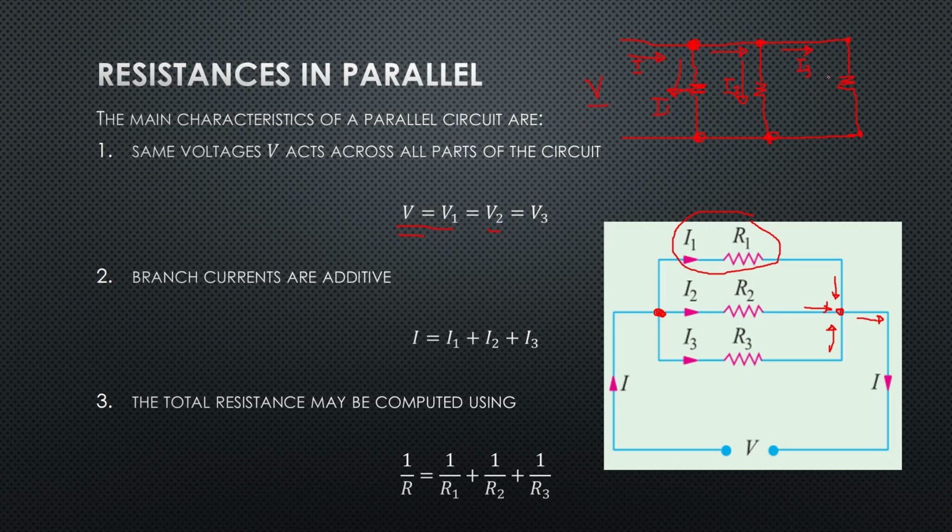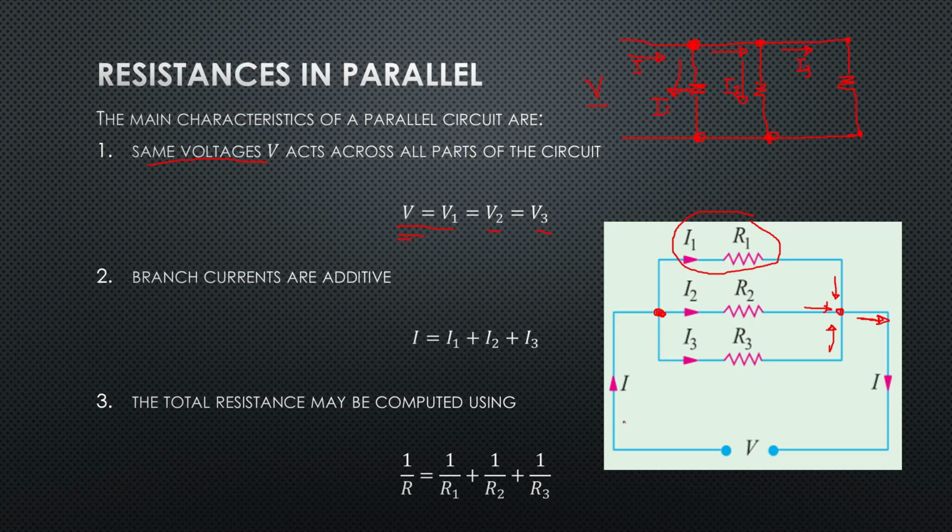Similarly, this is V3 for R3, resistance 3, and voltage 3 will be equal to V. So all throughout the parts of the circuit there is equal voltage V. Branch currents are additive, which means the total current I is equivalent to I1 plus I2 plus I3, which I have stated here. They meet on this node, then come out as the total current I again.